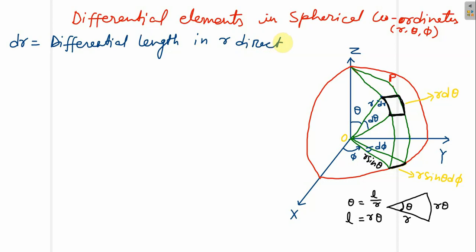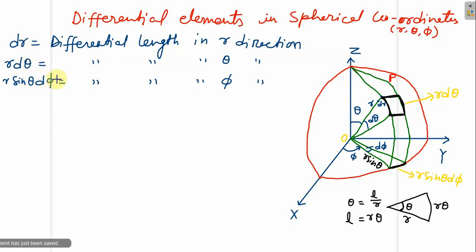Similarly, what you are getting here, r d theta, is the differential length in theta direction. And r sin theta d phi, I'm talking of this one, can be written as the differential length in the phi direction.